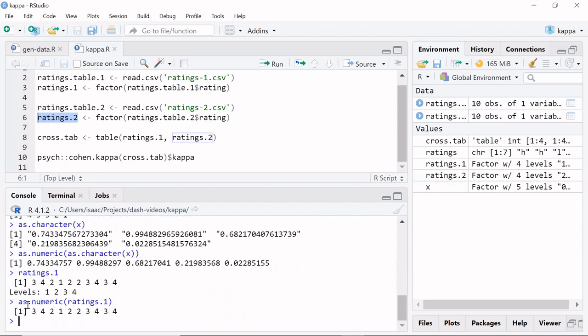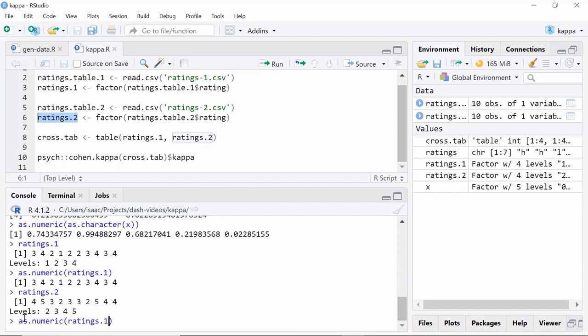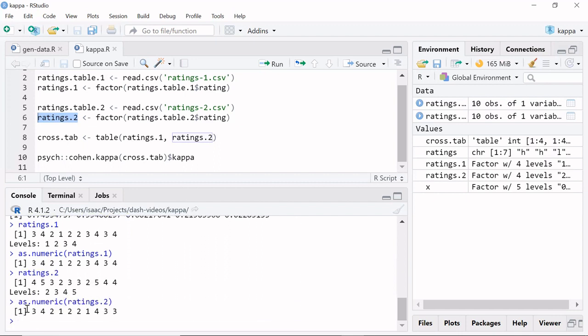When we convert these to numeric, in other words, when we look at the integer values that R associates with each factor level, we can see that there's a one-to-one correspondence between the actual numerical values of the ratings and the integer values associated with each level. When we do the same thing for our second set of ratings, we can see that there's not the same correspondence.